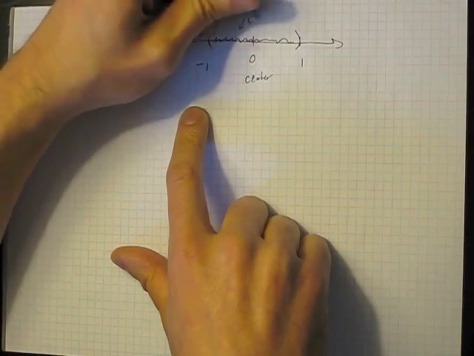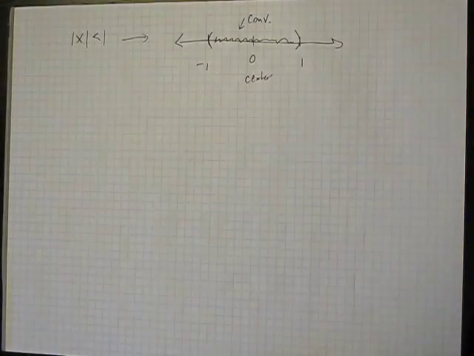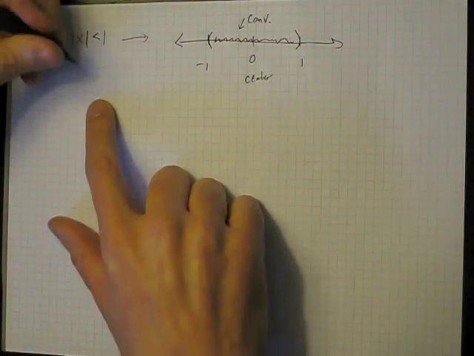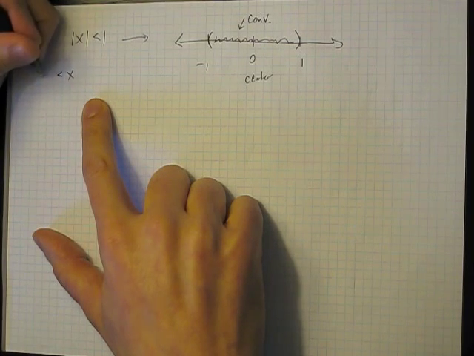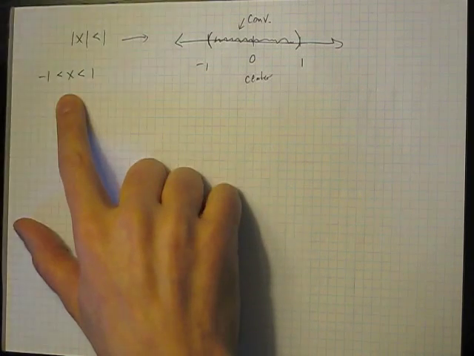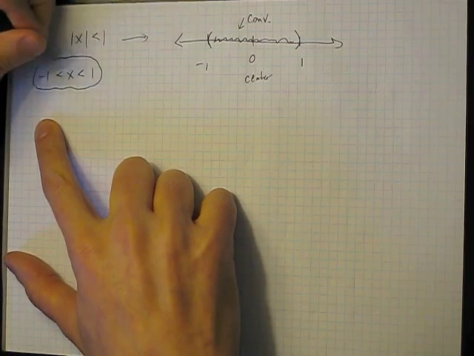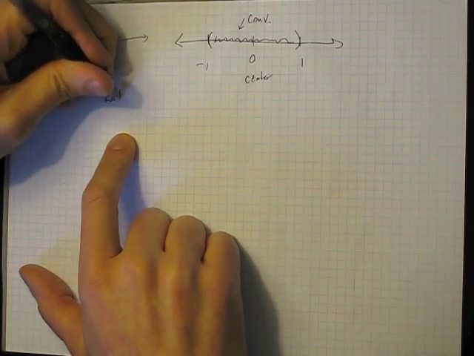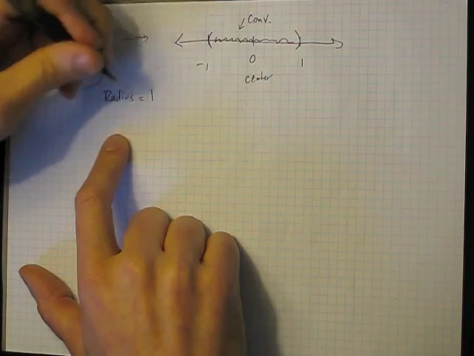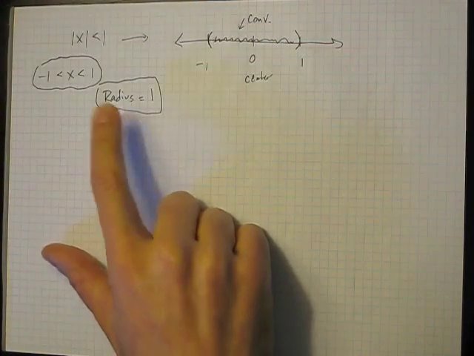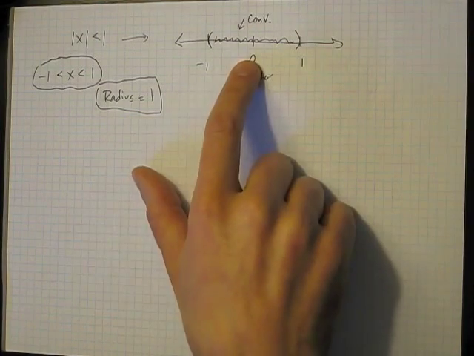So this is our convergence. This is the range for convergence. So it's x is bigger than minus 1 and x is less than 1. So this is our range. The radius is equal to 1. Okay, this is the radius of convergence around the center.